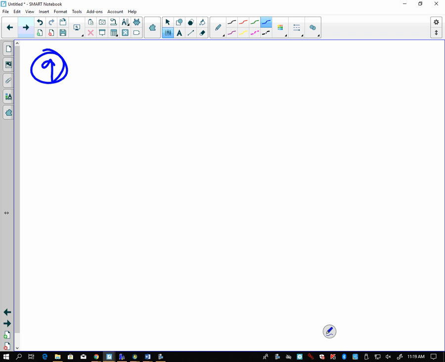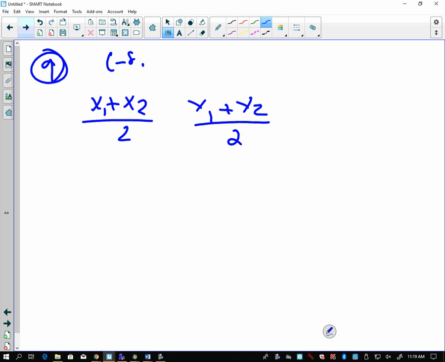Find the coordinates of the point halfway between. All right, this is the midpoint formula, right? x1 plus x2 divided by 2, y1 plus y2 divided by 2. Hopefully one of the easier questions on the whole test. We've got -8, 7, and 14, -15. So be careful with negatives.